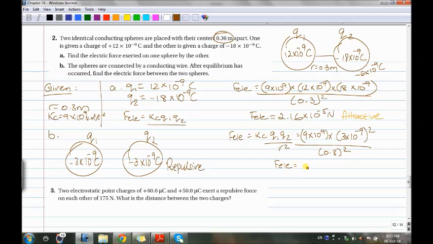So the electric force would be 9 times 10 to the power of negative 7 newton, and we said that it is repulsive.